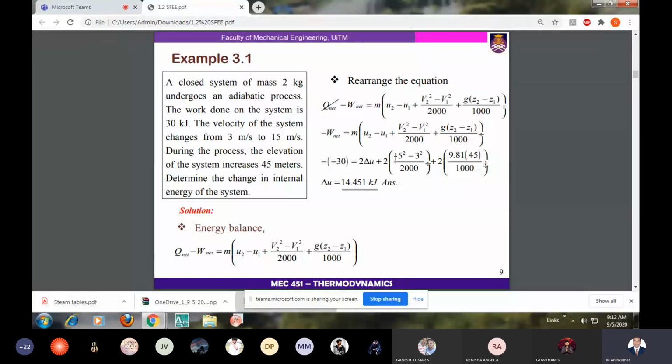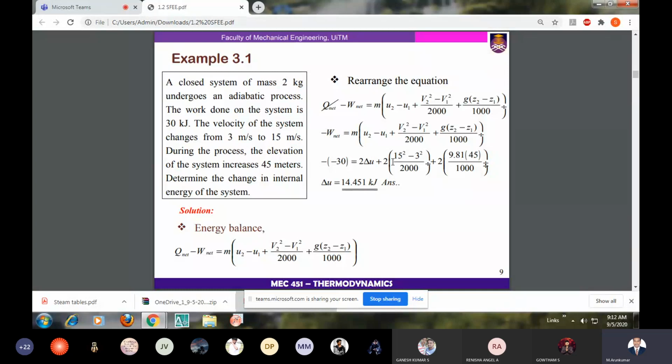Then we substitute the other values. Minus of minus 30 kilojoule will be 30, equal to mass, which is 2 kg, into delta U plus 2 into (15 square minus 3 square) divided by 2000 plus 2 into 9.81, the acceleration due to gravity, into (Z2 minus Z1), which is 45 meters.